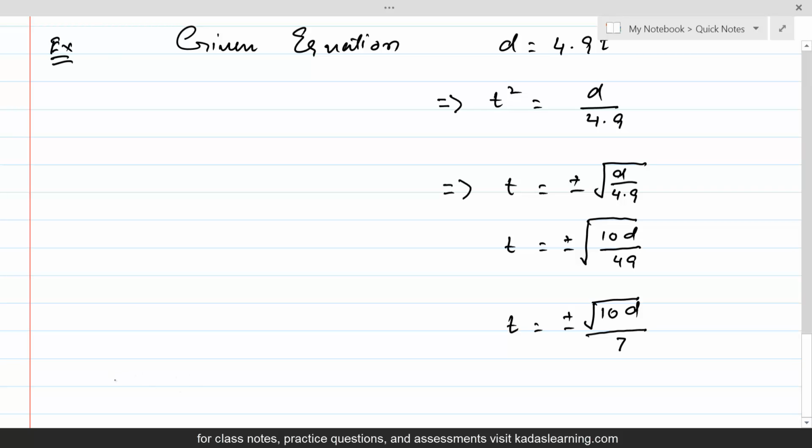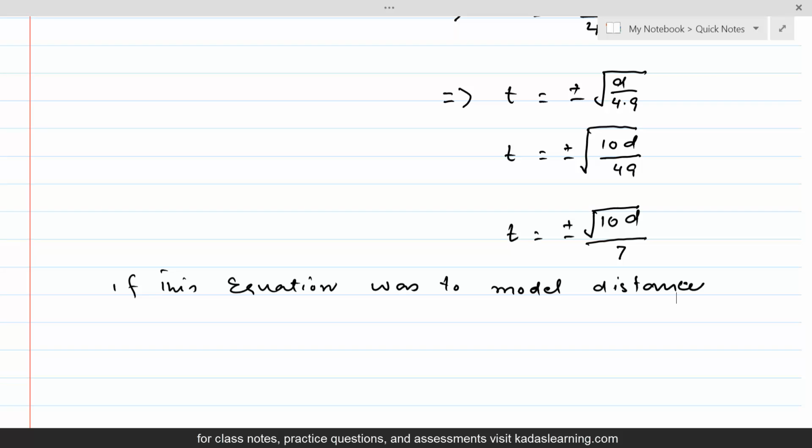For example, if this equation was to model distance against time, maybe this was a free fall.